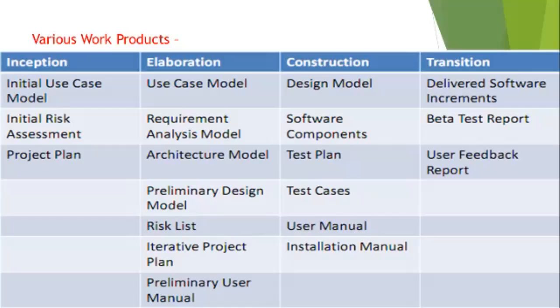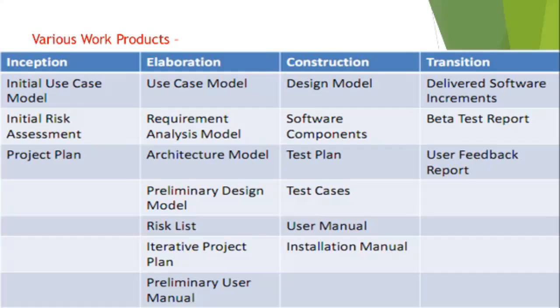Here are the various work products in the different phases, that is inception, elaboration, construction, and transition. In the inception phase, there is an initial use case model, initial risk assessment, project plan. In the elaboration phase, use case model, requirement analysis model, architecture model, preliminary design model, risk list, iterative project plan, preliminary user manual.